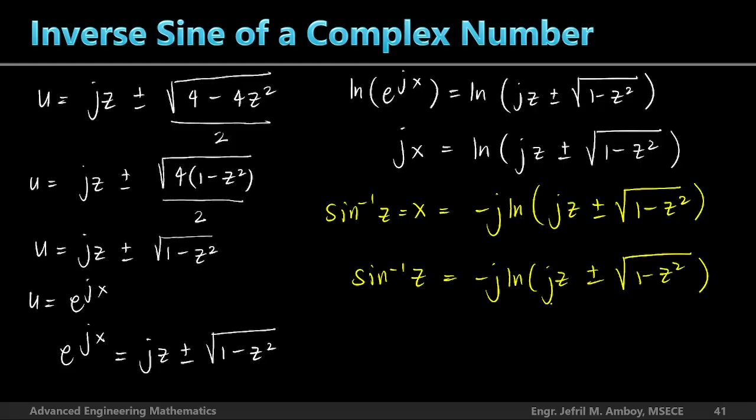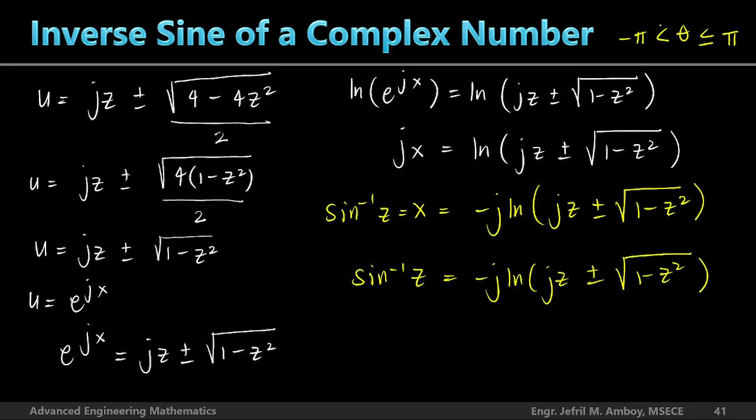However, we can always express the answer in terms of the principal value of the sine inverse of z. Okay? So, para makuha mo yung principal value, then gamitin mo lang yung angle na ang range ng theta para sa principal value. This should be greater than negative pi and less than or equal to pi.